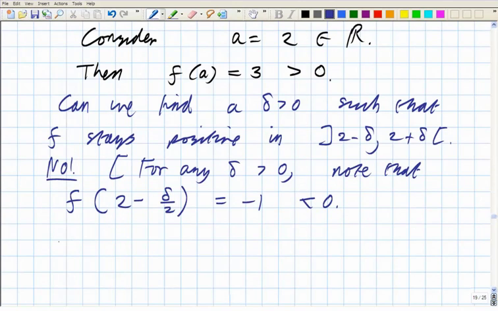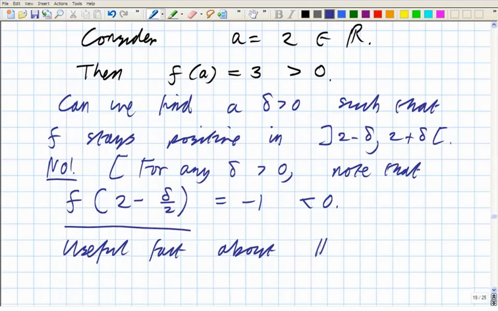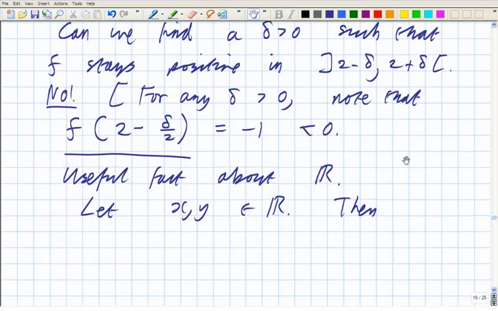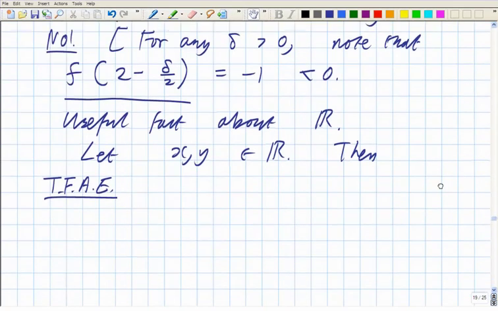So here's a useful fact about the real numbers. Let x and y be in R. Take some positive real number epsilon. The following are all equivalent, so these statements all mean exactly the same thing as each other.